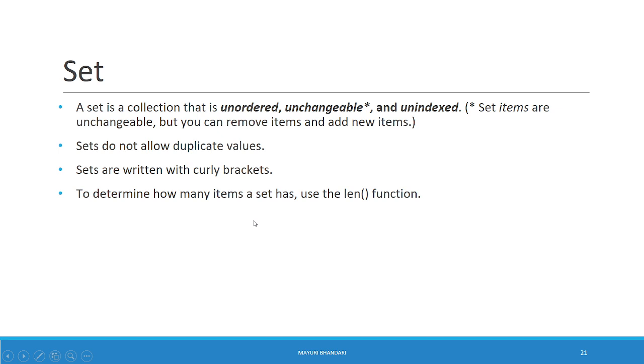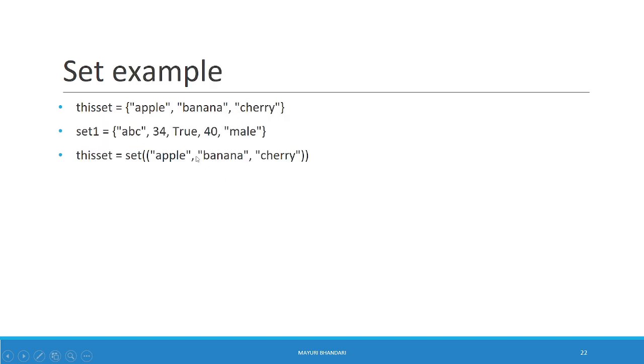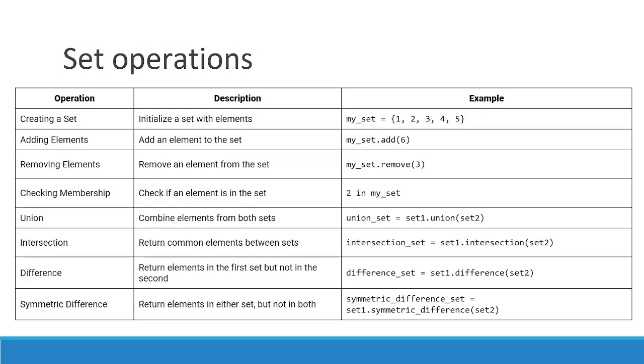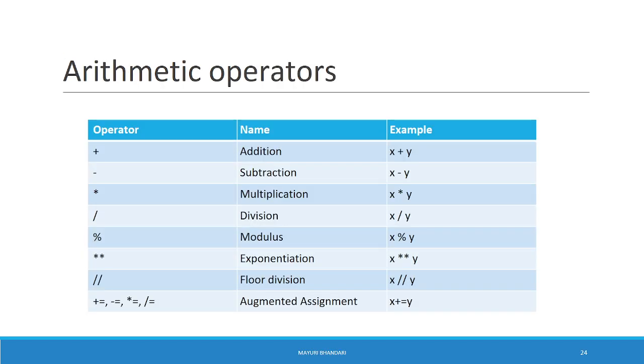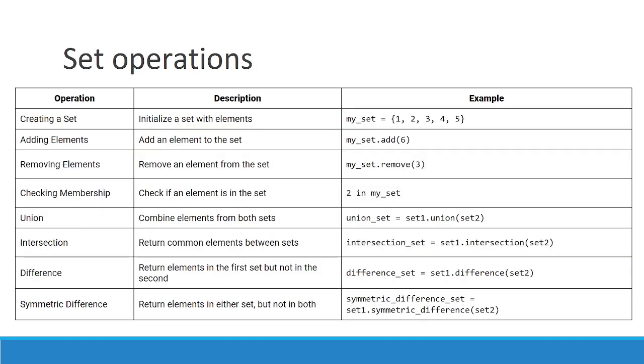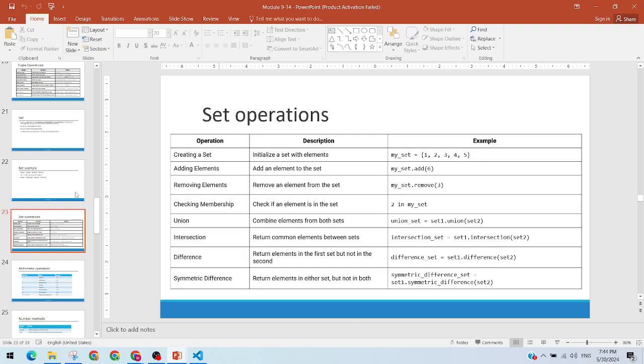This is how we define set. In curly brackets you can give elements. Elements can be of the same data type or of different data types. These are the operations that we can perform on set. So we will see a program demo of set.